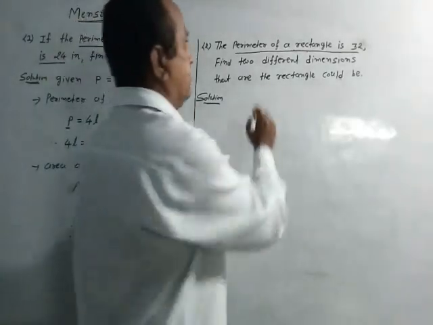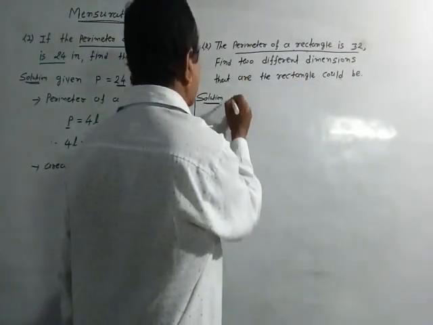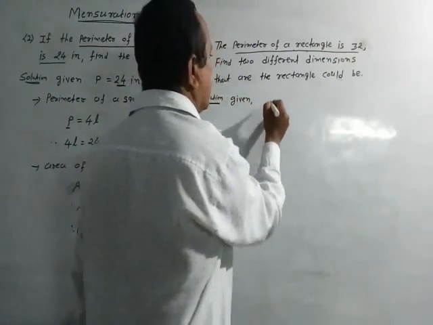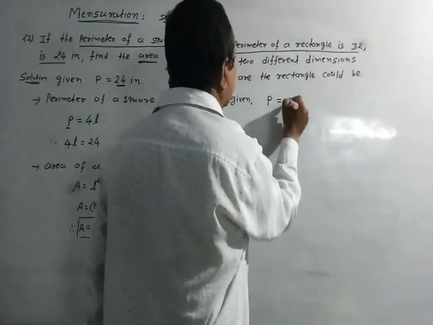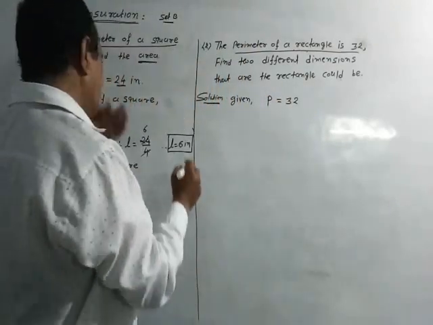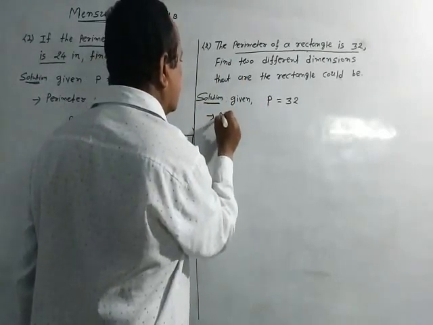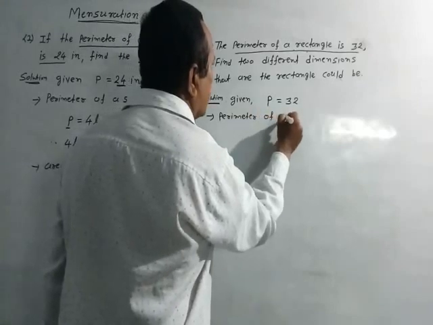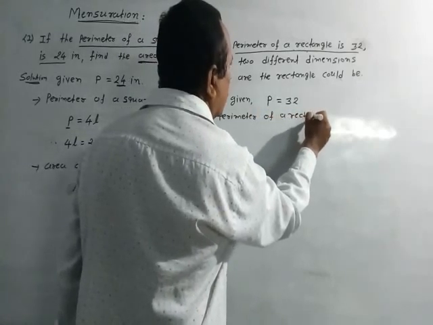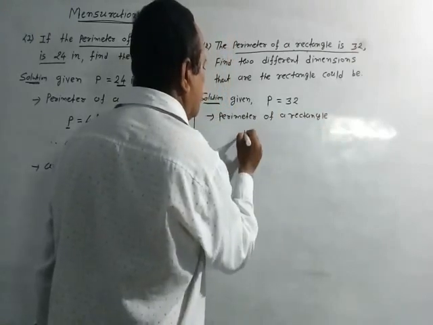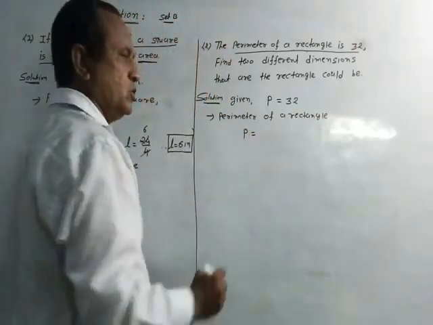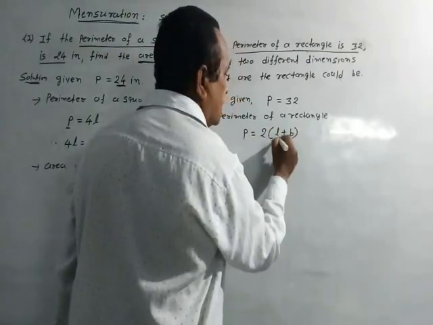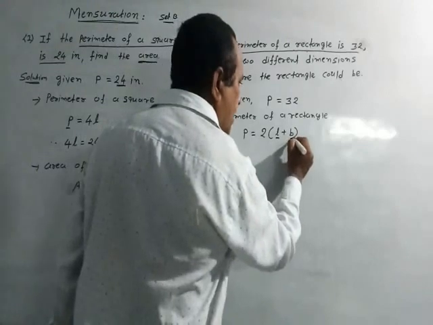Now second example, the perimeter of a rectangle. So here given perimeter of a rectangle is equal to 32. But we know that perimeter of a rectangle P is equal to 2 brackets L plus B, length plus breadth.